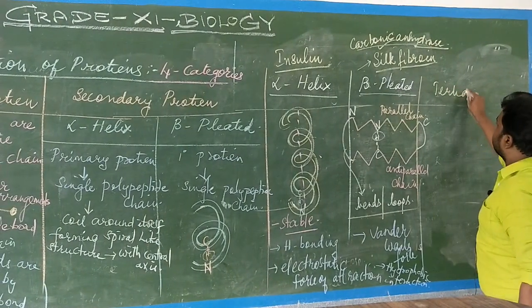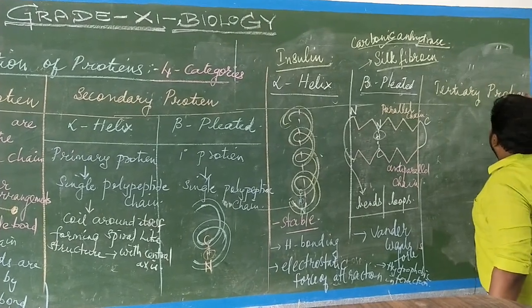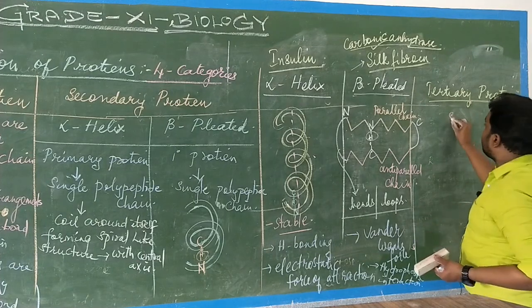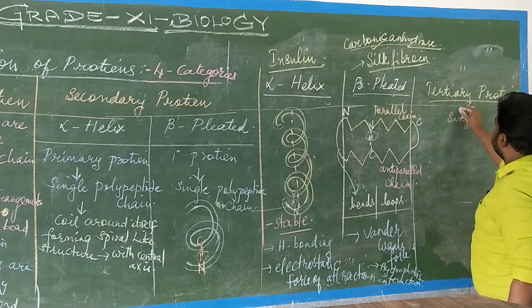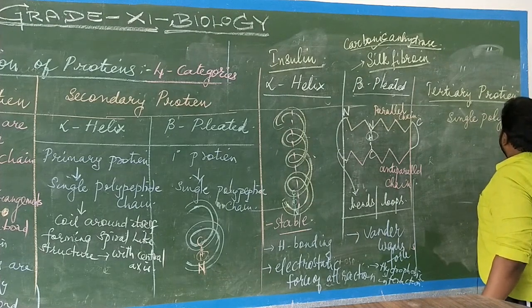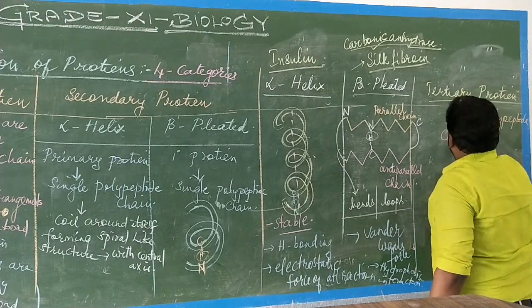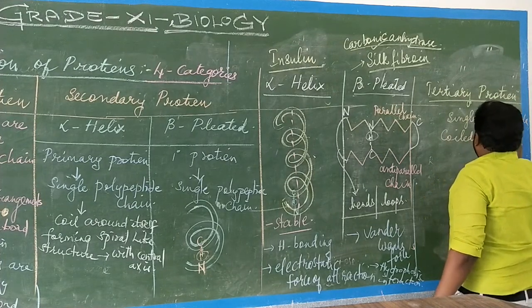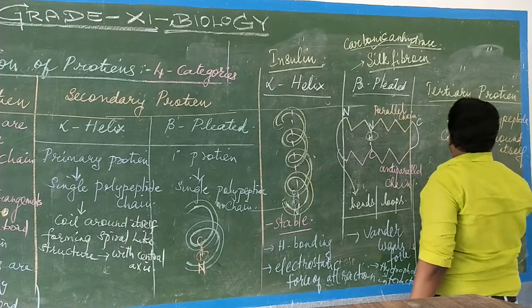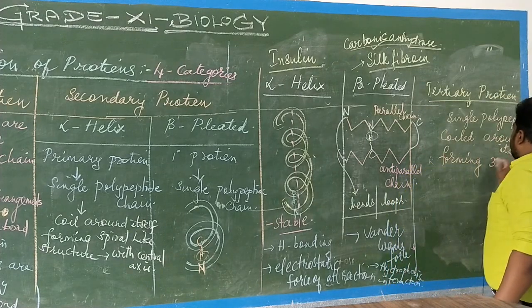Tertiary protein. In case of tertiary protein also, the single polypeptide chain coiled around itself, forming a 3D structure.